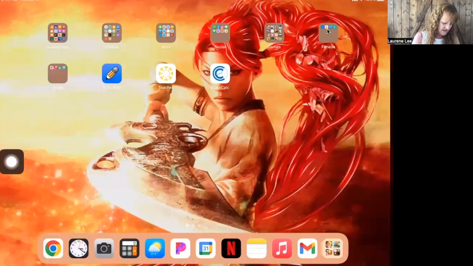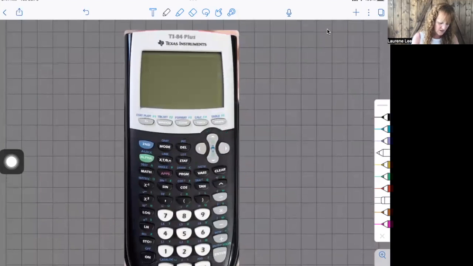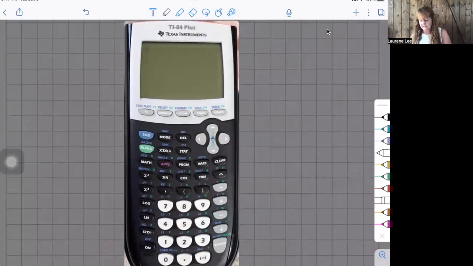For my TI people, you are going to go to stat. You are going over to tests, and you are scrolling down past your T interval. Past 9, 10, this is my entry A. Okay, your calculator might be a little bit different, but it says 1 prop Z interval.